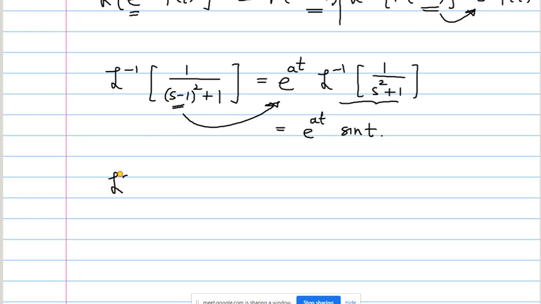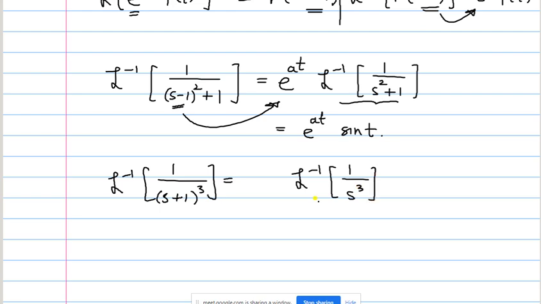Let's say Laplace inverse of 1 over (s plus 1) to the power 3. I know that if it is not s plus 1, if it is just s to the power 3, then I have the Laplace inverse transform. But if I remove this translation, I need e to the power minus t, because a is minus 1 here.